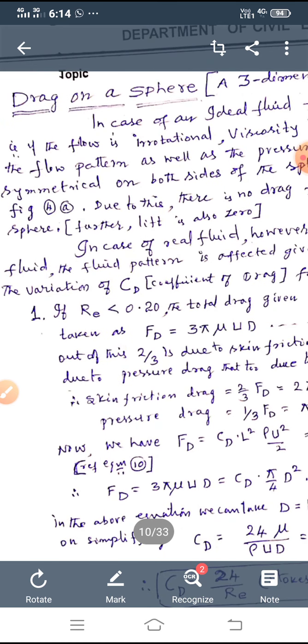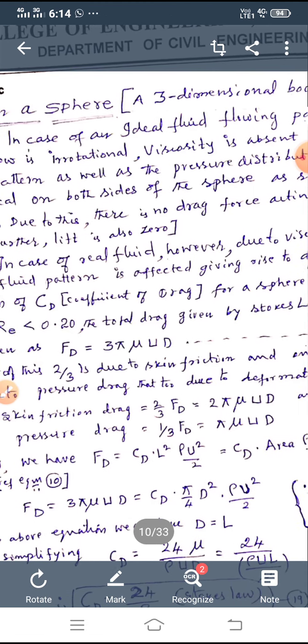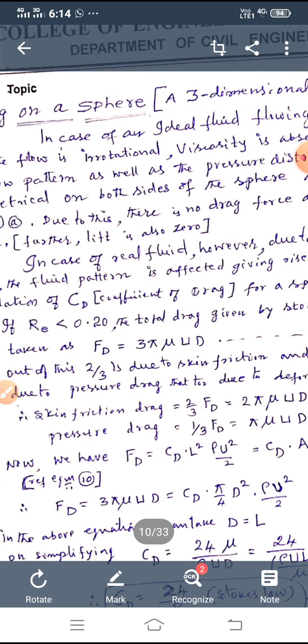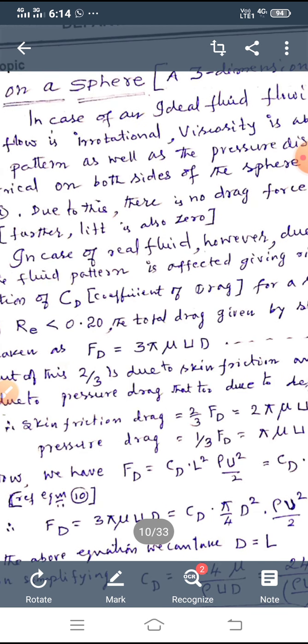For example, first point, if Re is less than 0.2, the total drag for a sphere can be taken from Stokes' law, that is Fd is equal to 3 pi mu U d, where mu is viscosity, U is the uniform velocity of fluid, and d is the diameter of the sphere.